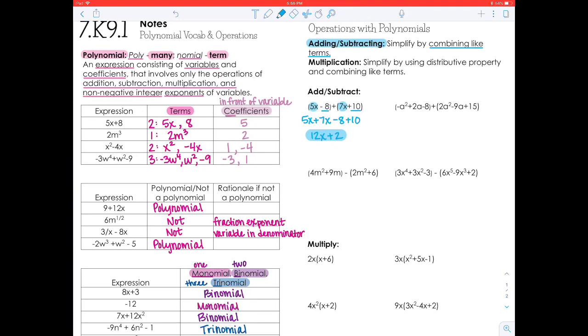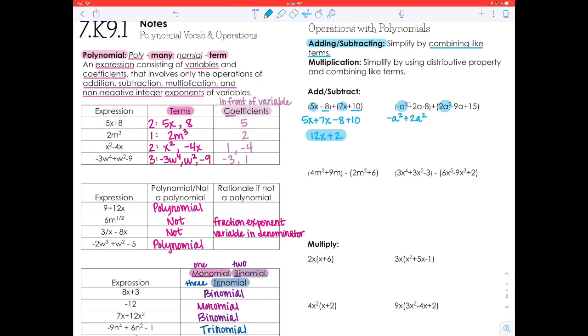I've got a squared, which is different than a. So I've got a negative a squared here, and then I've got a 2a squared over here. So those are like terms that I'm going to add together.